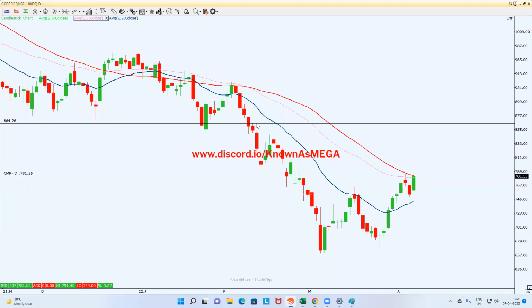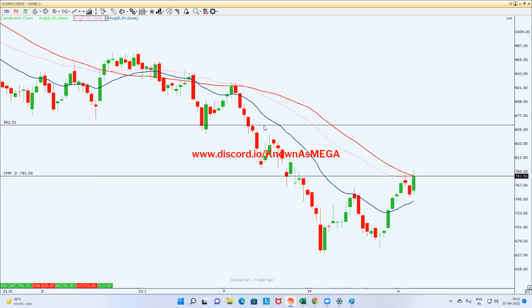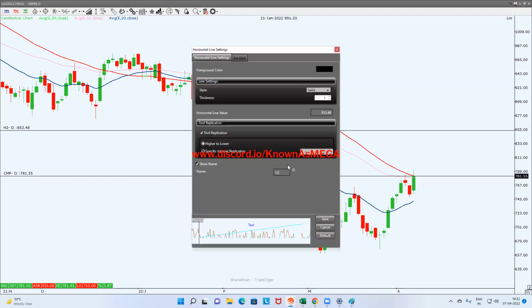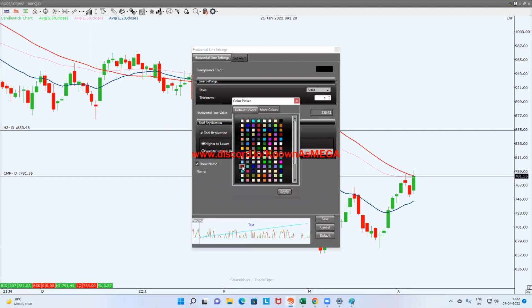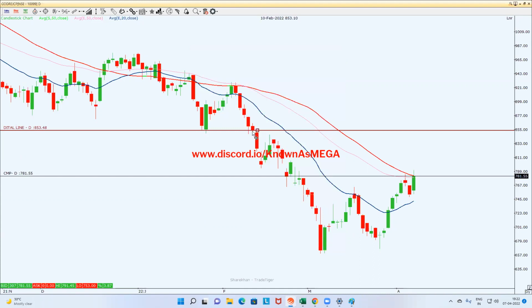So which is the lowest body? Lowest body of the base. Is this the lowest body of the base? Correct. So I will place it here and I will say distal. Mark it red. This thickness, same. And highest wick.